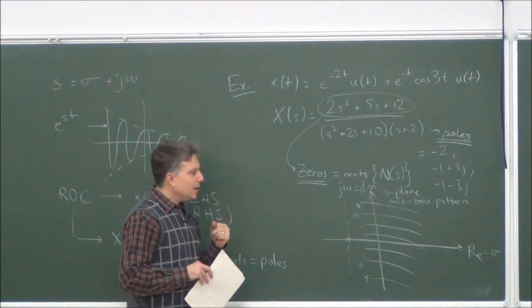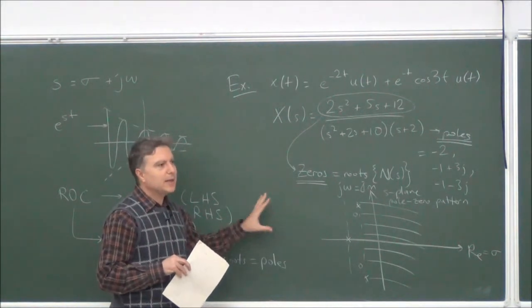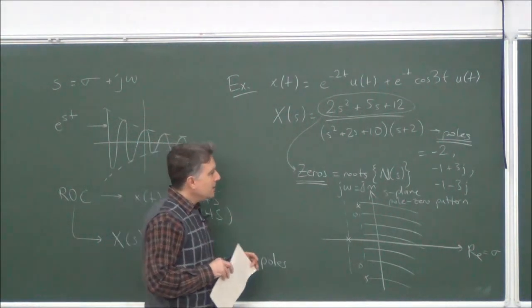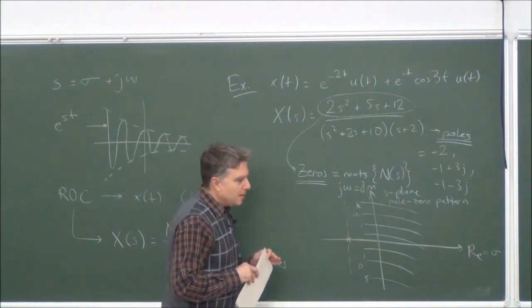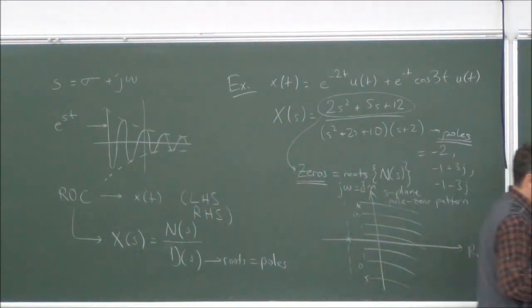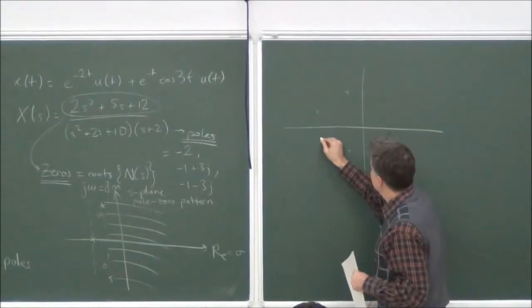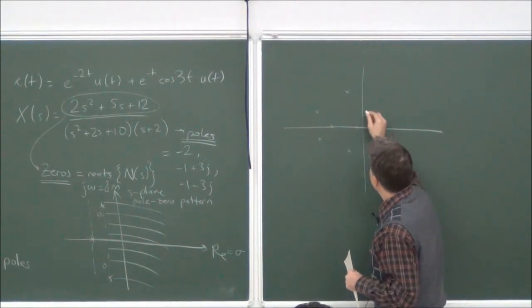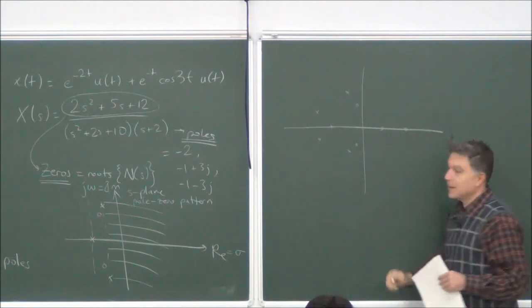But they also have some important meaning. This whole plane has a meaning. If you consider the magnitude of X(s), what you really see when you take a look at this kind of S-plane with arbitrary poles and some zeros, for example, like this.